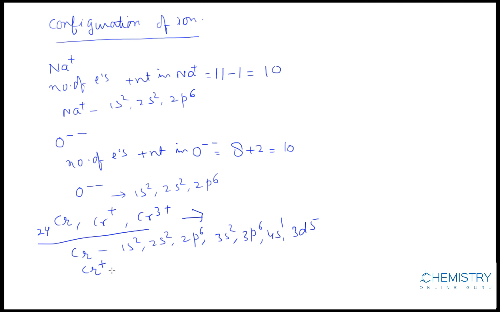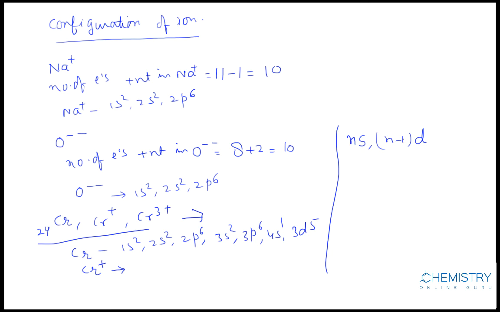But in the configuration of d block elements, one thing is to remember. First of all, electrons are removed from ns, then (n-1)d. ns means the s subshell of the outermost shell. (n-1)d means the d subshell of the penultimate shell.